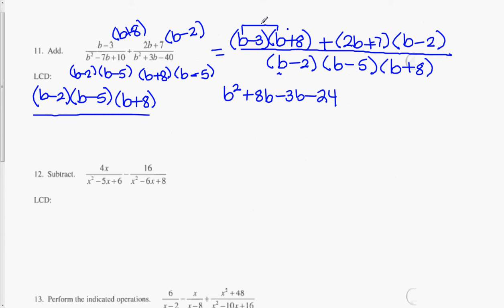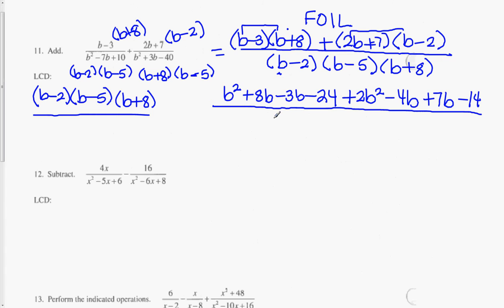And then, because remember you do first, outer, inner, last. I didn't draw all the lines because it's just getting too busy on the paper, but first, outer, inner, last. So on this one, 2b times b, that's going to be a 2b squared. 2b times negative 2 is a negative 4b. 7 times b is a plus 7b. 7 times a negative 2 is minus 14.